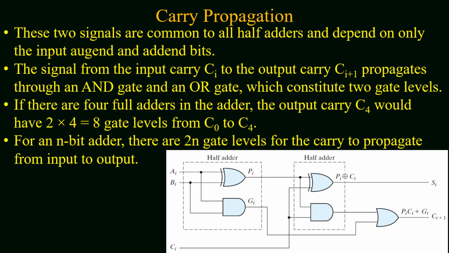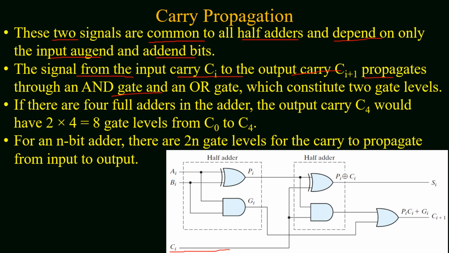Now, these two signals Pi and Gi are common to all half adders and depend on the input augend and addend bits. Now, the signal from the input carry Ci to the output carry Ci+1 propagates through an AND gate and an OR gate, which constitute two gate levels.